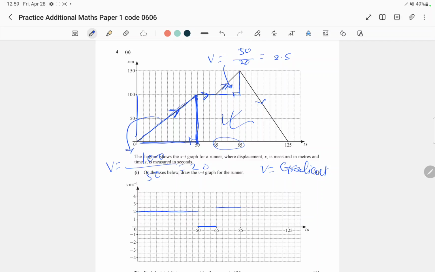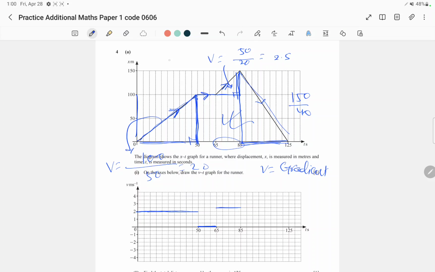Okay, and after that we have this line which is going down. We need to find again the gradient for this. So for this, change in y is 150, and this is 125 minus 85, that is 40. So 150 divided by 40, that is 3.75, right?